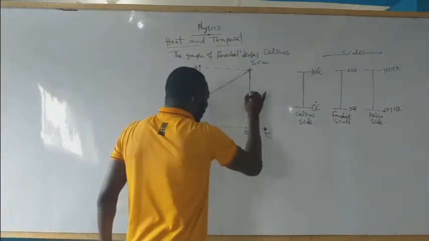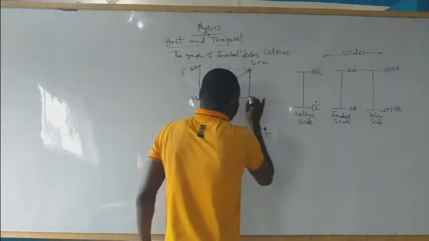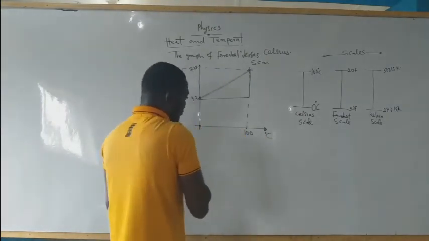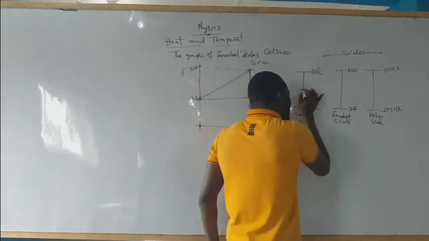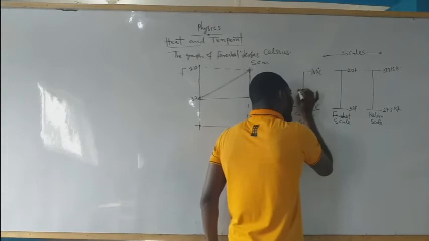You can join this point to this point. Alright? We want to find the temperature at the middle here.